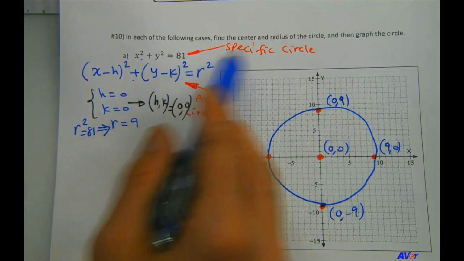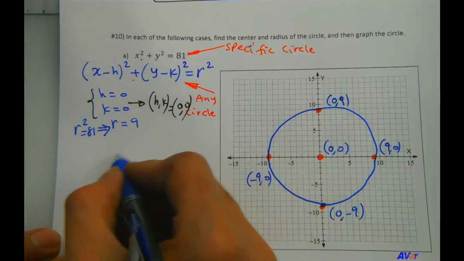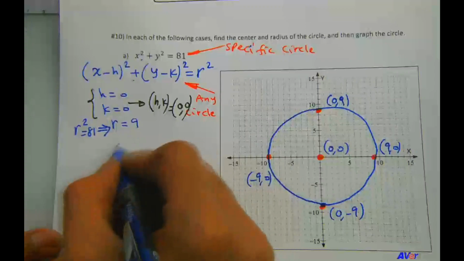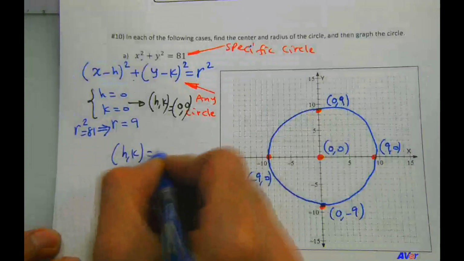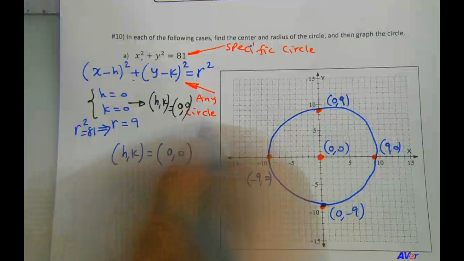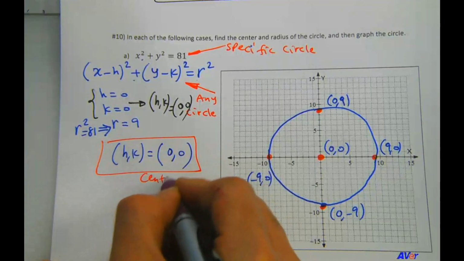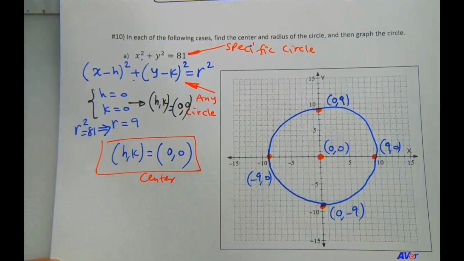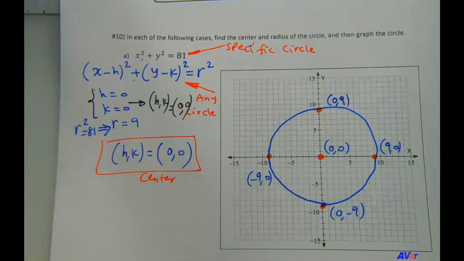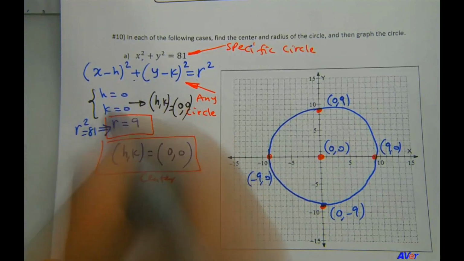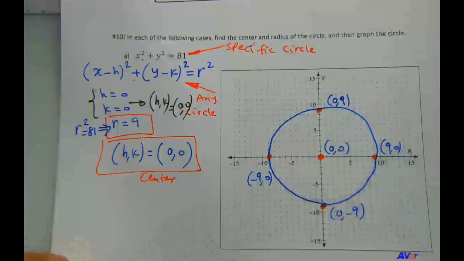What else to find the center? Well, let me box these because they ask us to. So h, k is equal to 0, 0. That's the center. Then they say the radius, r is 9, right there. And the circle as we graphed it.